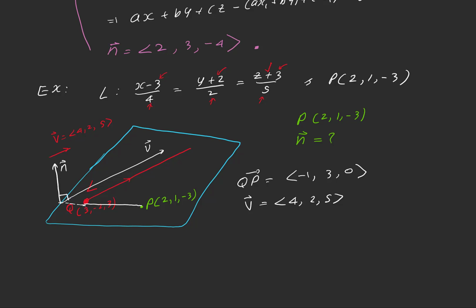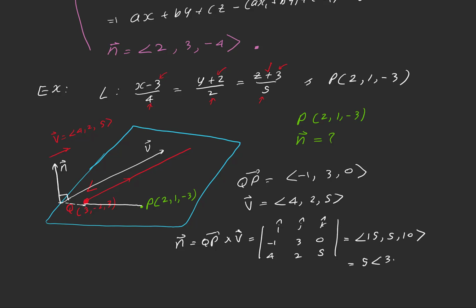Therefore, n equals QP cross V. So this is i, j, k, negative 1, 3, 0, 4, 2, 5. So the answer is 15, 5, 10. And we can take 5 out, so 3, 1, 2.